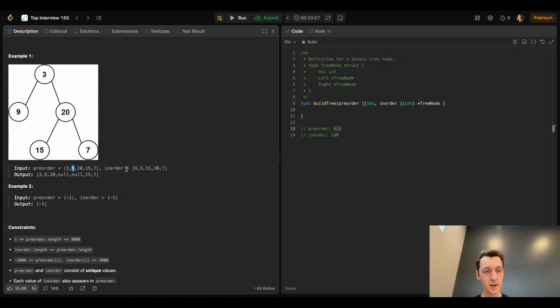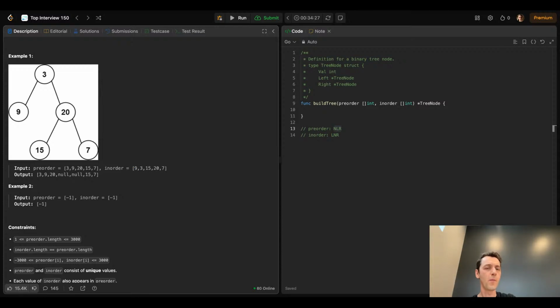From the Inorder, we don't know. Inorder is left, node, right. When we just look at the 9, we just know it's somewhere on the left, which could be very deep down from that root.